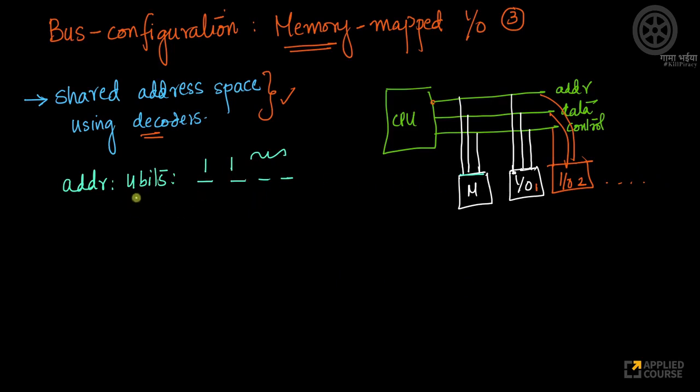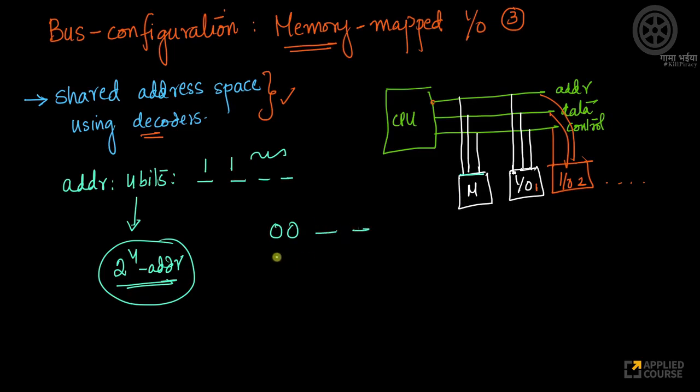So what am I doing? If my address is 4 bits, the total addressable space is 2 power 4 addresses. But instead of having 2 power 4 addresses in the main memory itself, I'll say 00 dash dash, 10 dash dash, 00 dash dash, 11 dash dash. In these dashes you can fill either zeros or ones.